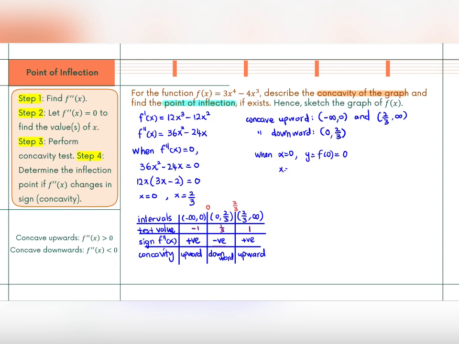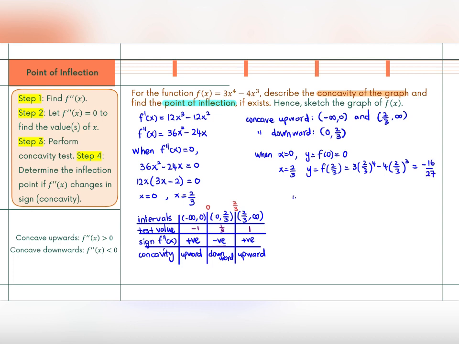When x is 2/3, y will be equal to f of 2/3. And 3 multiplied by 2/3 to the power of 4 minus 4 of 2/3 to the power of 3 will be negative 16/27.